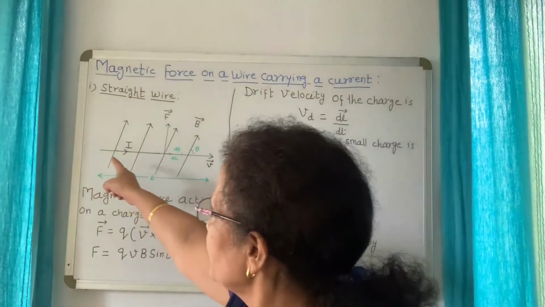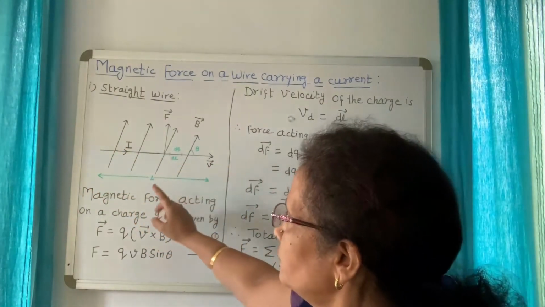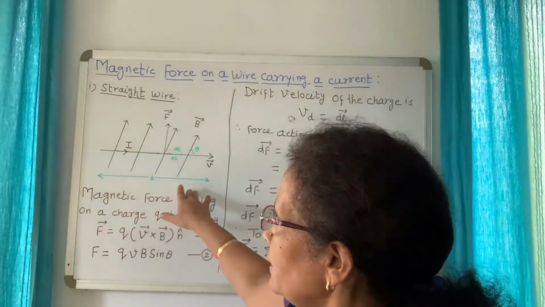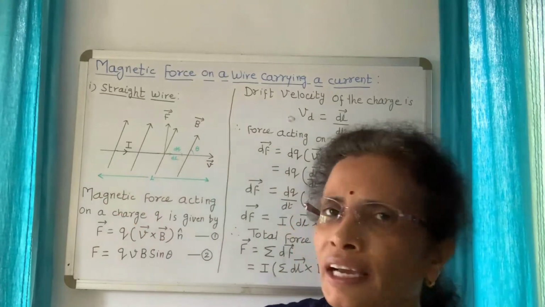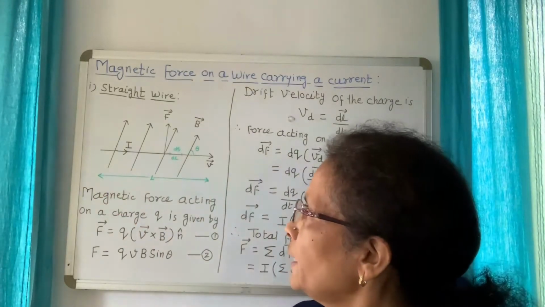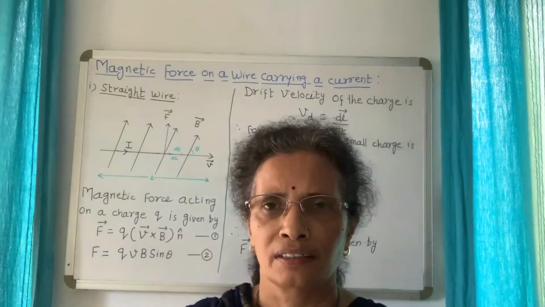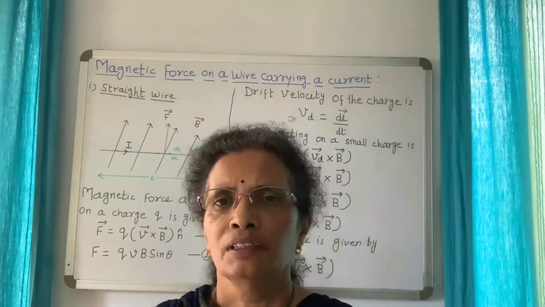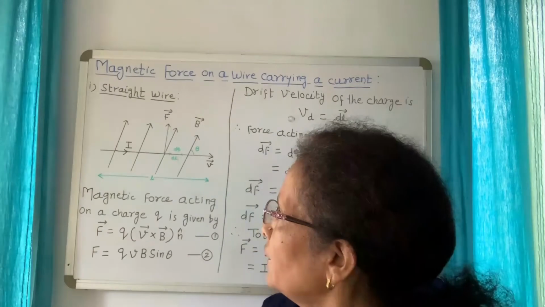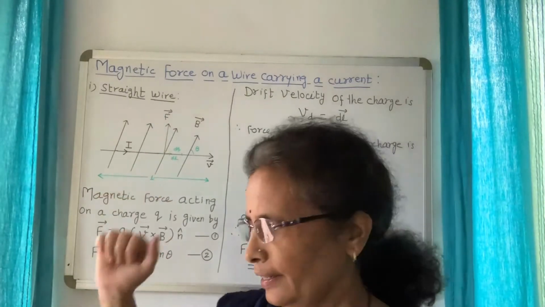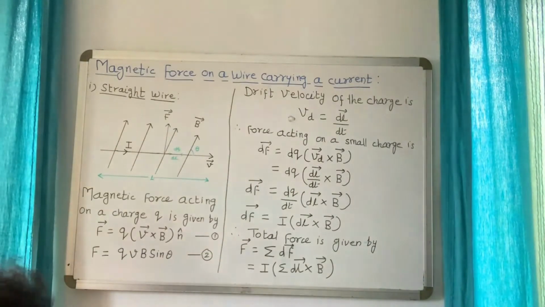So, if this is the conducting wire of some length L and current I is flowing in this direction as shown in the diagram, in which direction is its magnetic field? That can be found out by using the right hand thumb rule.